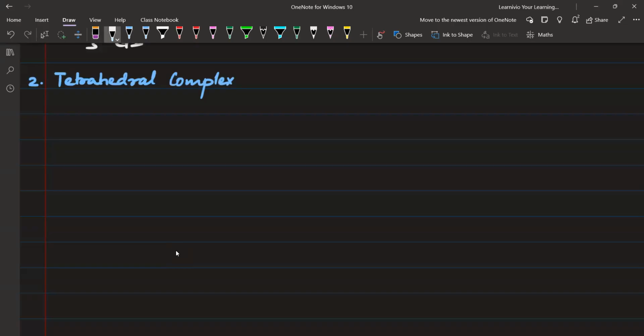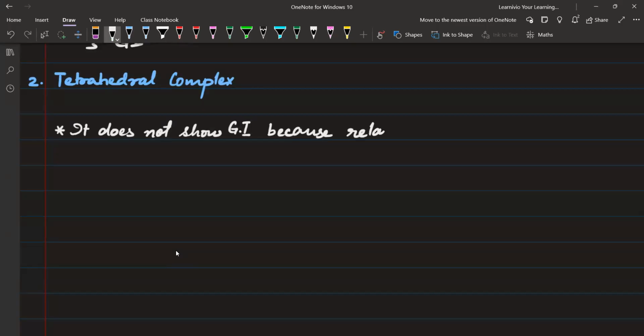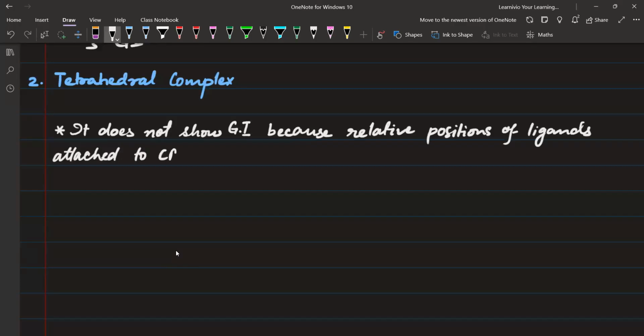Now, in tetrahedral complex, the first point is it does not show geometrical isomerism because the relative positions of ligands attached to the central metal atom are the same with respect to each other.